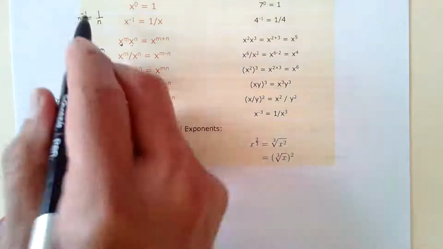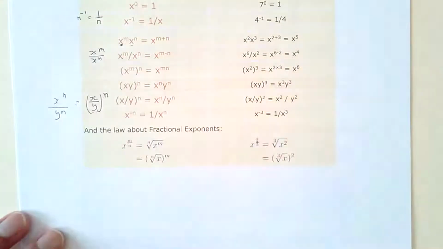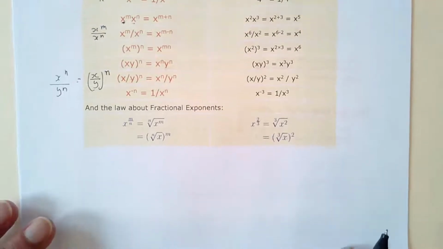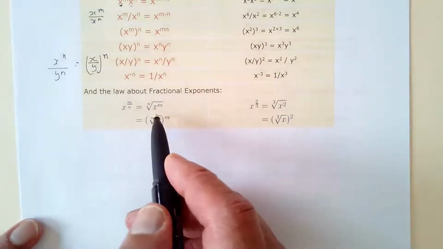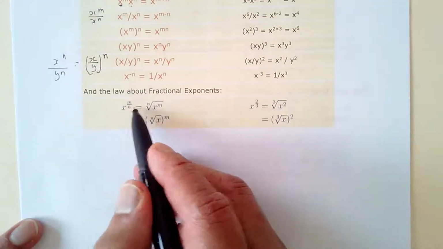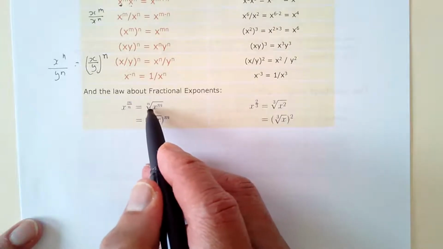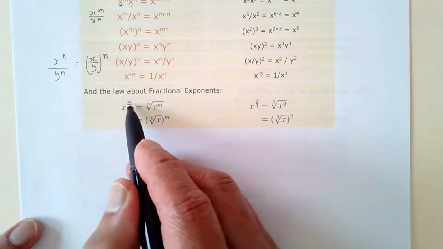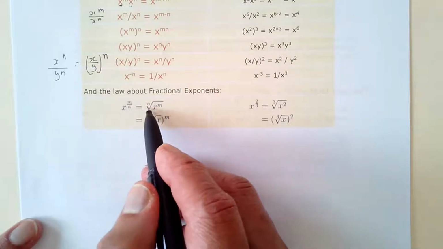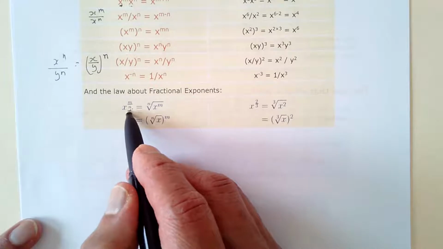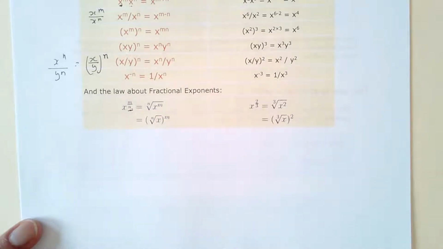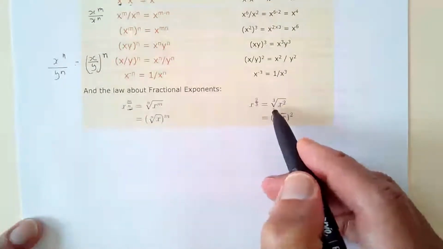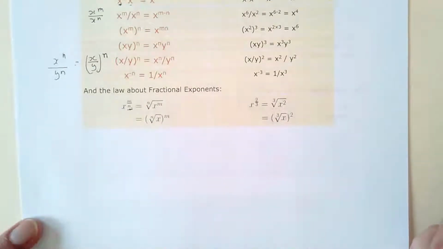And this refers to our original x to the negative 1. When we have a fractional exponent, it becomes a root. So x to the m over n becomes the root of x to the power m, where the root is n, the denominator. An example here: x to the 2/3 becomes the cube root of x to the power 2.